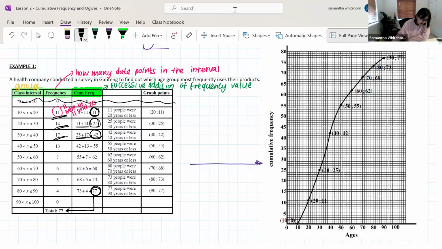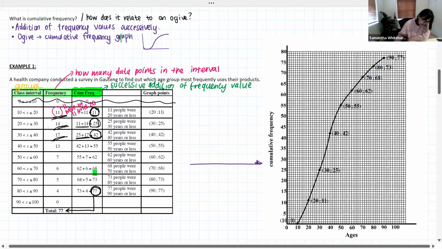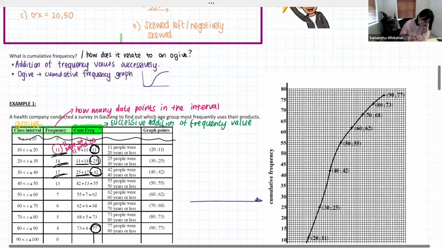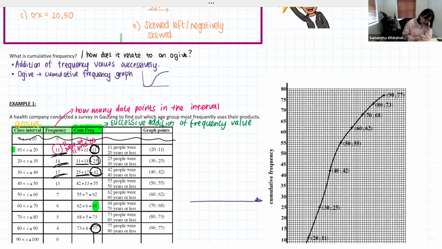Okay, so if we pick a random cumulative frequency, let's say, for example, we pick this one, 68. So this cumulative frequency of 68 is basically the addition of all of the frequencies for the intervals 10 to 20, 20 to 30, 30 to 40, etc., up to 60 to 70. That is the addition of all of those frequencies.